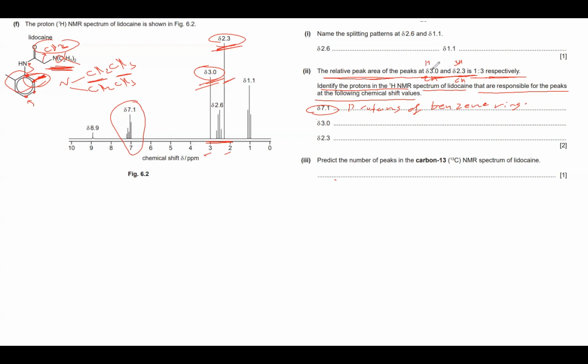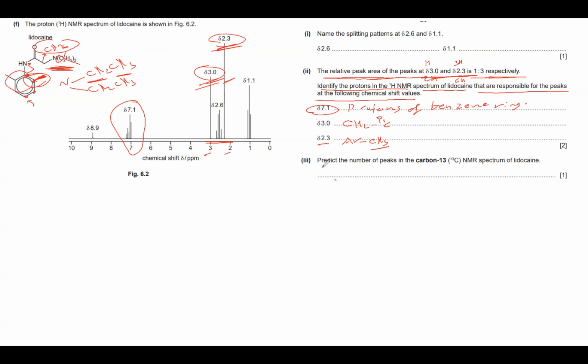So we say that at 3 we have CH2 that is connected to CO, and at 2.3 we have an aryl group that is connected to CH3, okay? These are the hydrogens responsible for this, okay?